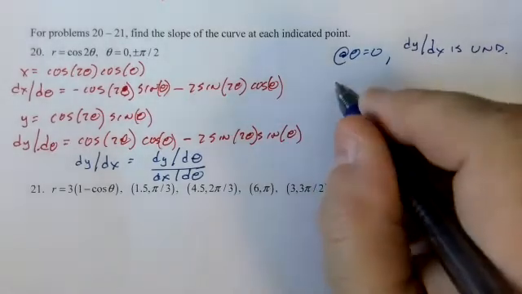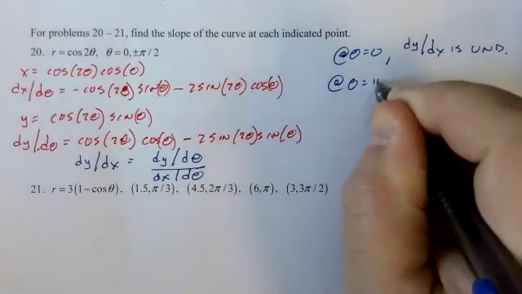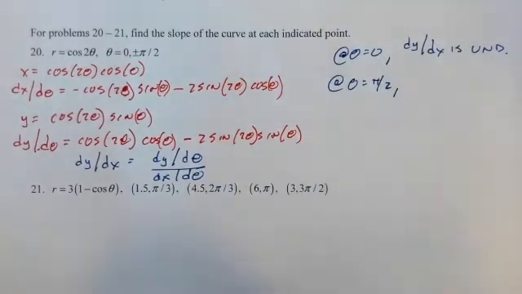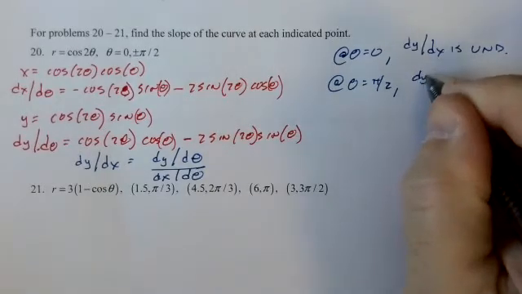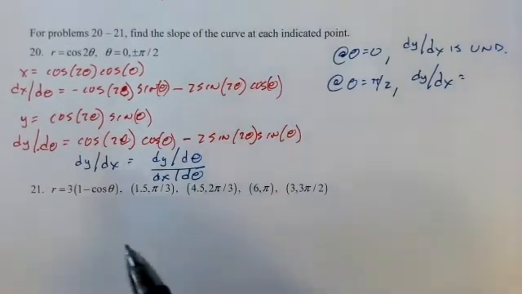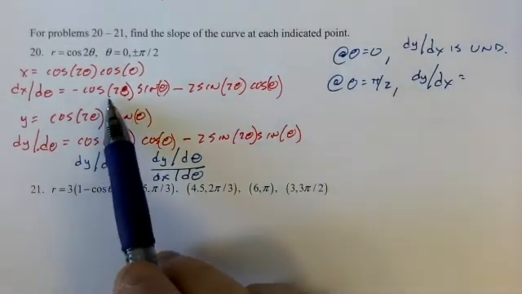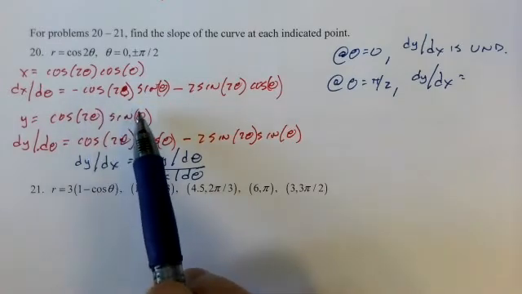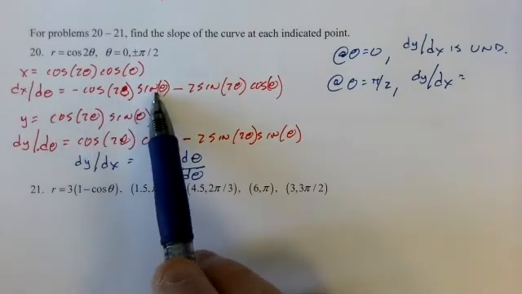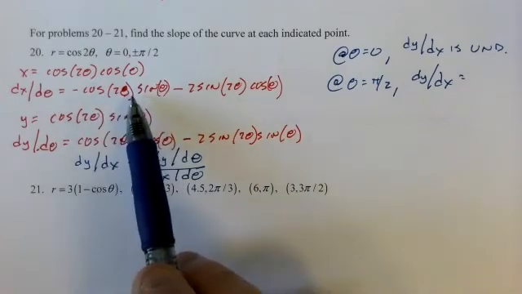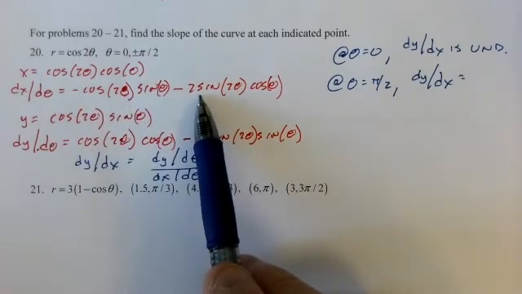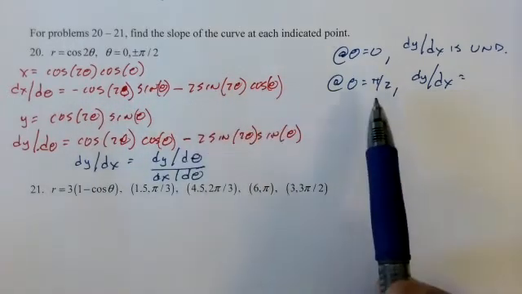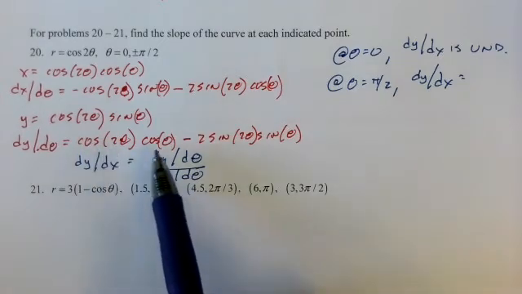At theta equals pi over 2, dy dx equals, now let's check it out, pi over 2 plugged in here. Cosine of pi is negative 1. Sine of pi over 2 is 1. I'm going to ignore that because at pi over 2 this is going to cancel out.